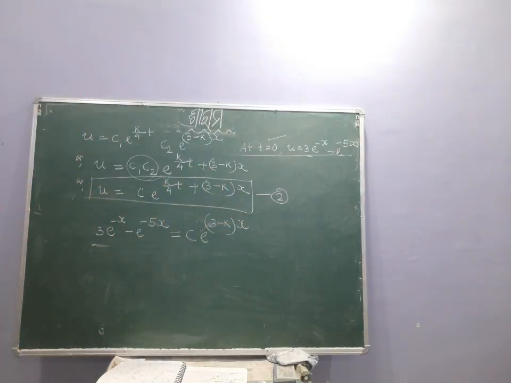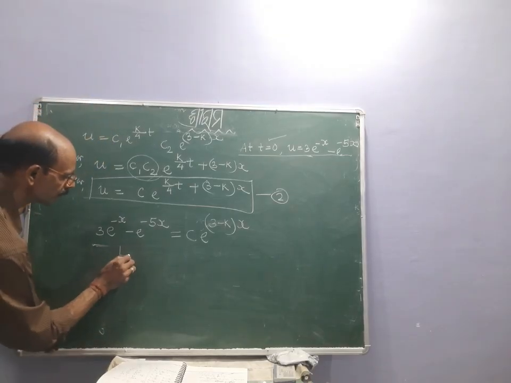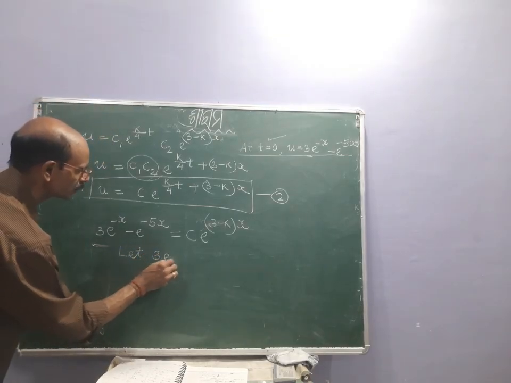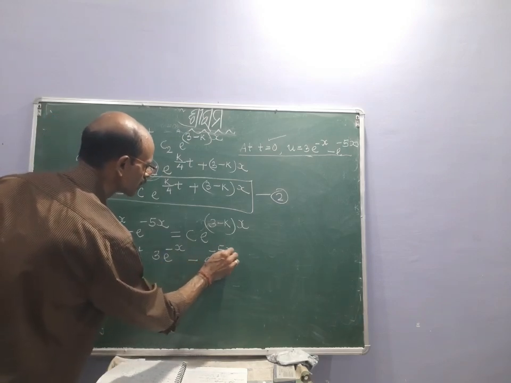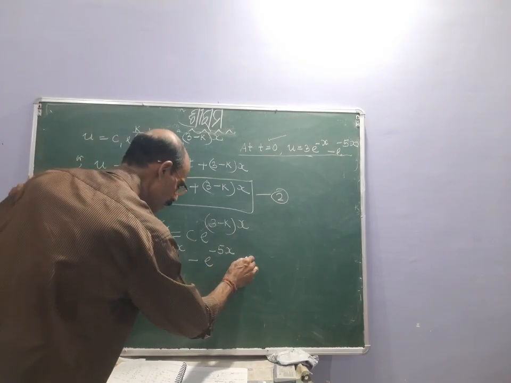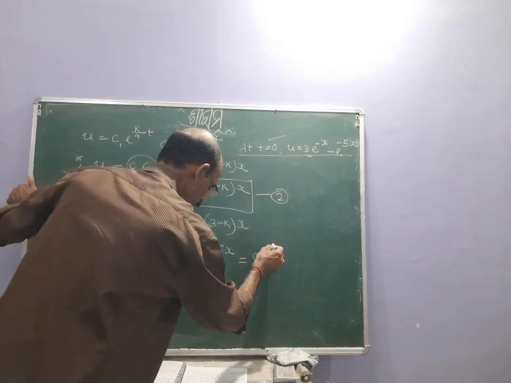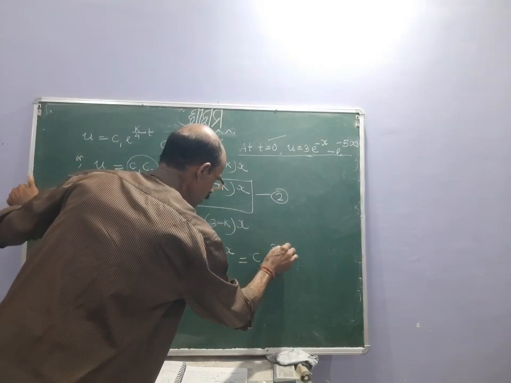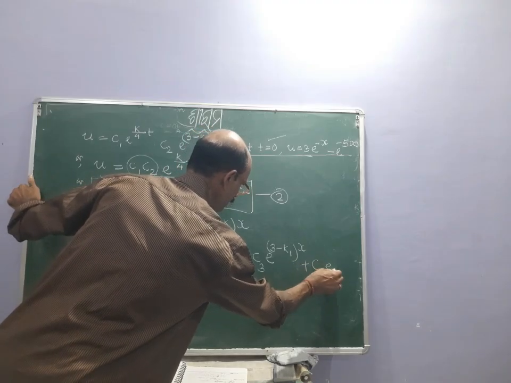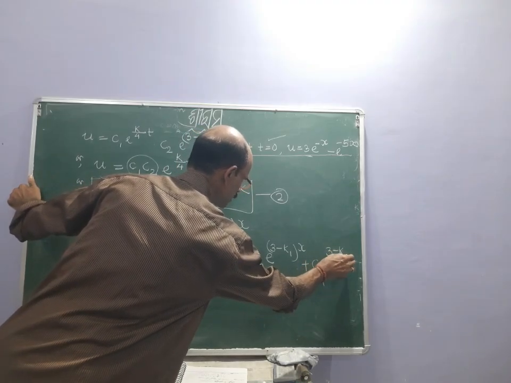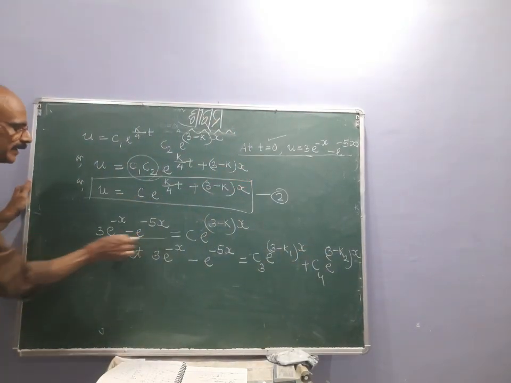Right. Now since it is a linear equation, we can write 3 exponential minus x minus exponential minus 5x is equal to c3 exponential say 3 minus k1 x plus c4 exponential 3 minus k2 x. See, this is a linear equation.